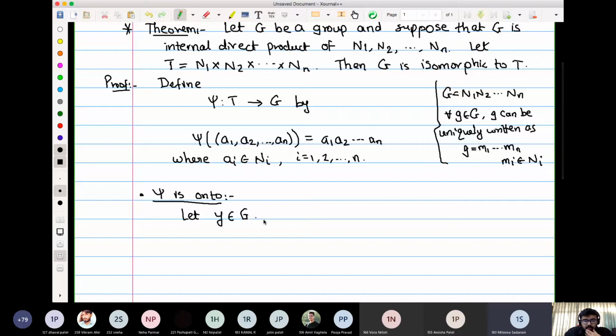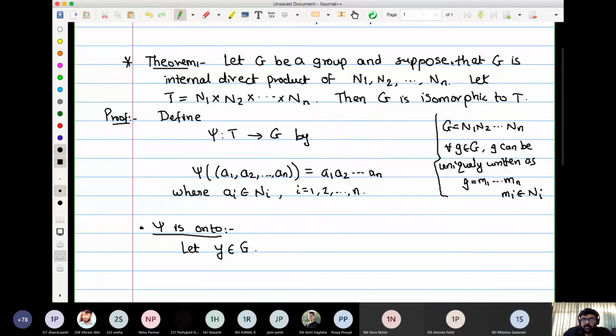Let Y belong to G, but G is an internal direct product. G is given to be an internal direct product, and T we have taken as an external direct product.